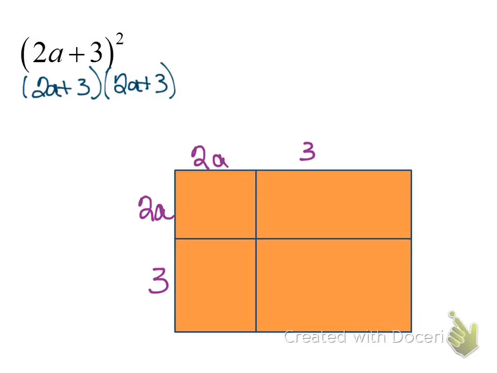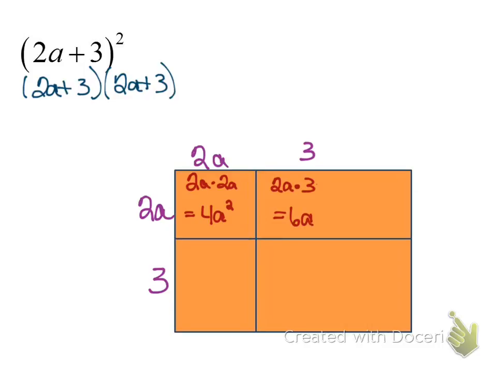So find the area of my first section of my rectangle, Zach. It would be 2 times 2a would equal 4a squared. I mean 2a times 2a. There we go. Nice. All right, go ahead and do the next one, Zach. 2a times 3 would get you 6a.